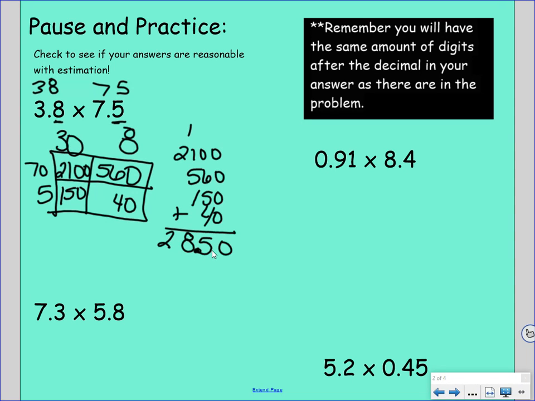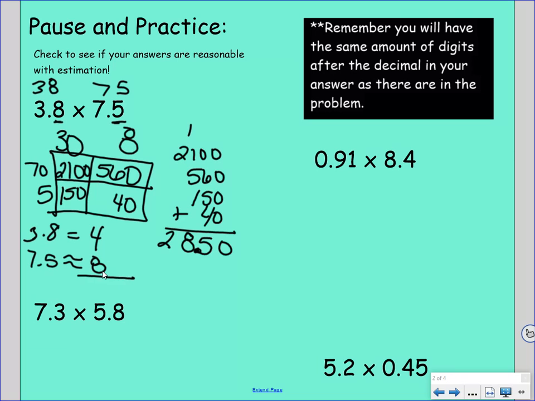All right, so let's estimate and see if this is a reasonable answer. 3 and 8/10 I'm going to estimate to 4. And 7 and 5/10 I guess I should just estimate to 8.